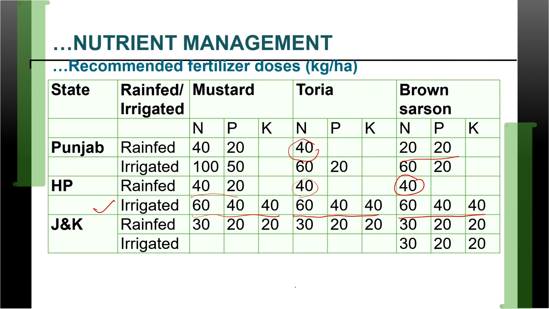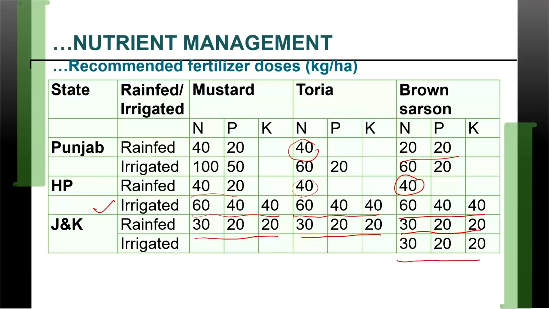For Jammu and Kashmir under rain-fed condition, for mustard it is 30, 20, 20. Toria 30, 20, 20 and brown sarso 30, 20, 20. And for irrigated condition of Jammu and Kashmir, for brown sarso it is 30, 20, 20. So what you are realizing here is that the level of application of nutrients is lower, particularly under rain-fed condition.